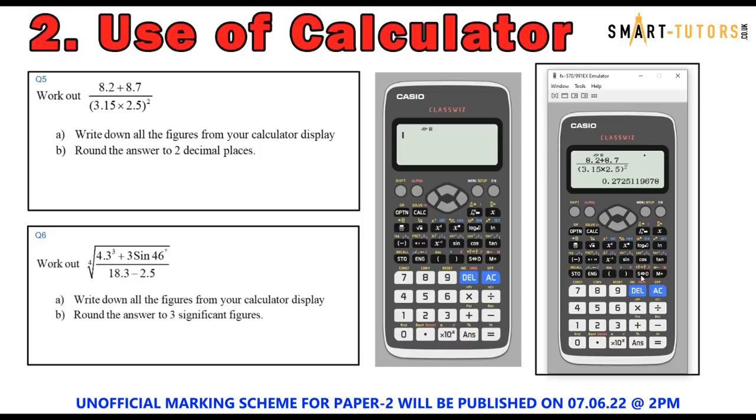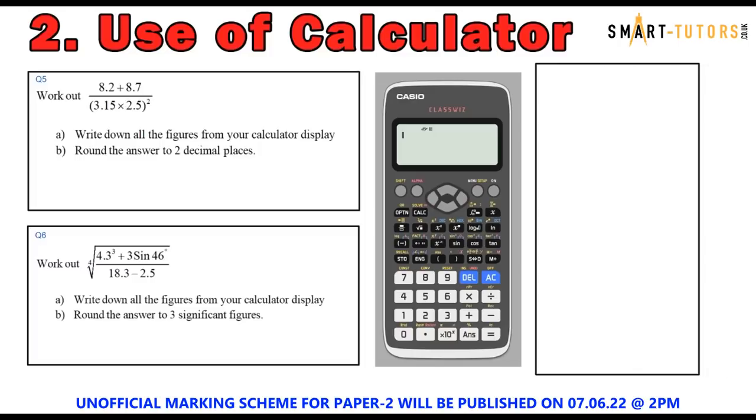Press the S-D key, which converts the symbol to decimal. So 0.27... I'm going to copy all the answers on the display: 0.27 25119678.